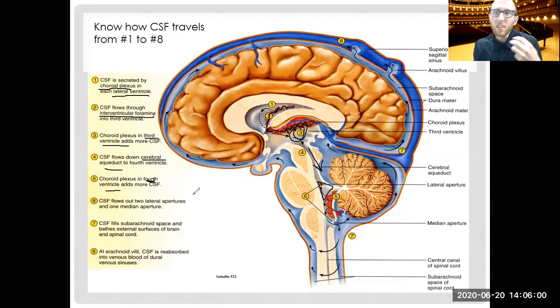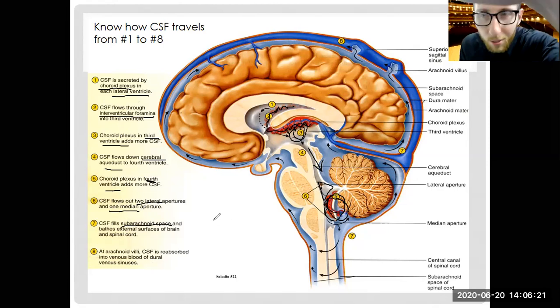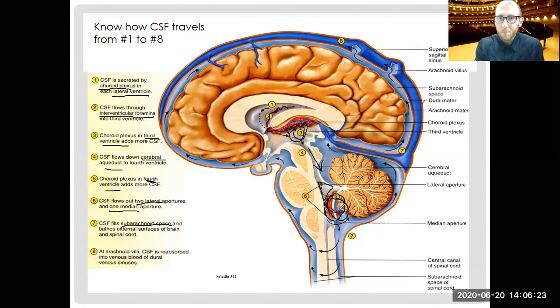The 4th, you can't go any more inferior after the 4th, right? So you go out, there's 2 lateral and 1 median apertures right in this area. And what happens is then you enter the subarachnoid space. So imagine this 2D picture and you're going through the picture to get to the subarachnoid space.